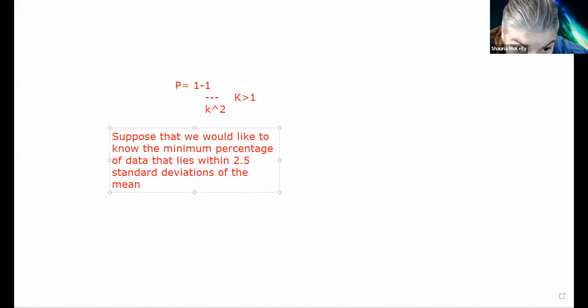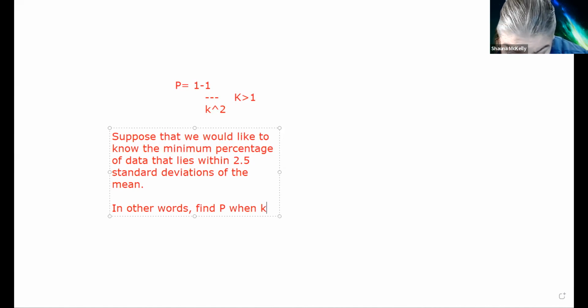What this means in English is that we want to find P, the percentage, when K is 2.5. That's what it means: within 2.5 standard deviations of the mean.